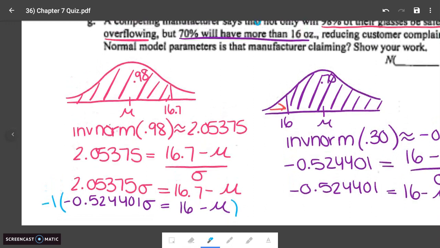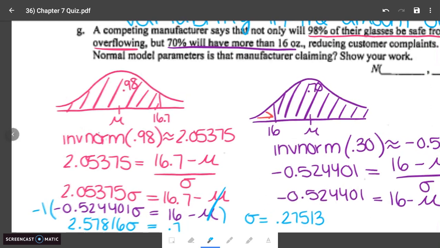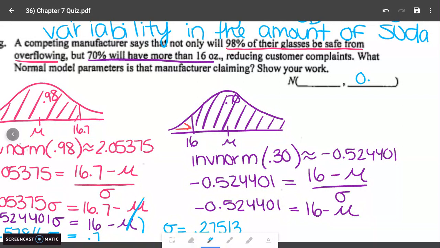I'm going to combine like terms to get 2.57816 theta equal to 0.7, and the mu's are going to cancel out there. So now I can at least solve for the standard deviation. So I have that equation. All that's left is to divide both sides. So standard deviation here, not theta, is 0.27513. Okay. And I'm feeling pretty safe with saying that I can call that 0.27.